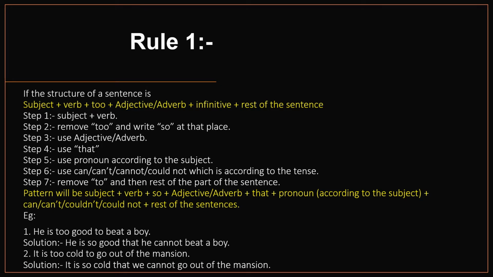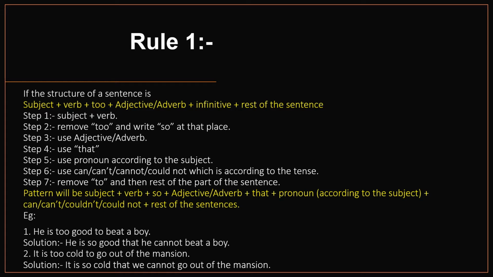Wherever there is too, we also have to in the sentence. And when we remove both, we add a so and that. So the pattern will be subject plus verb plus so plus adjective or adverb plus that plus pronoun according to the subject plus can, can't, couldn't, could not, that is also according to the tense, plus rest of the sentence.